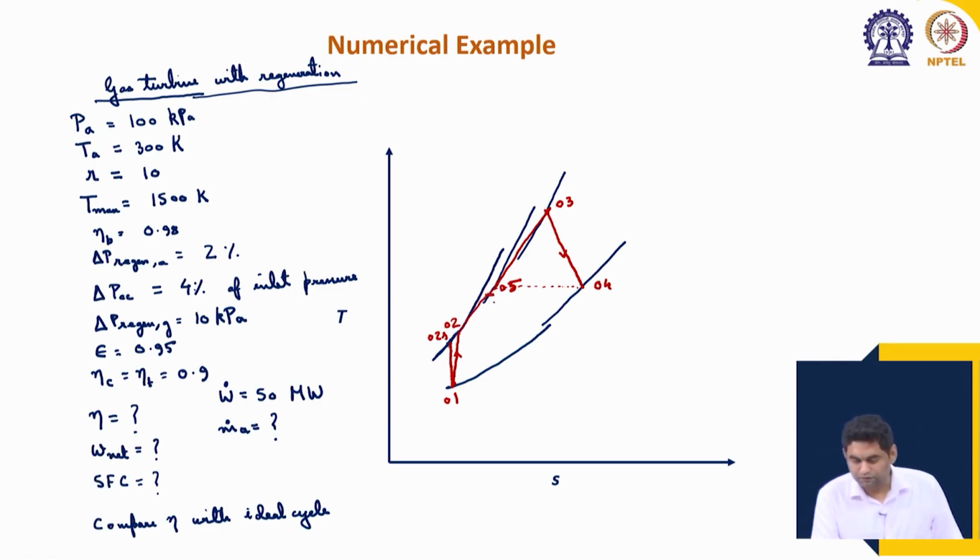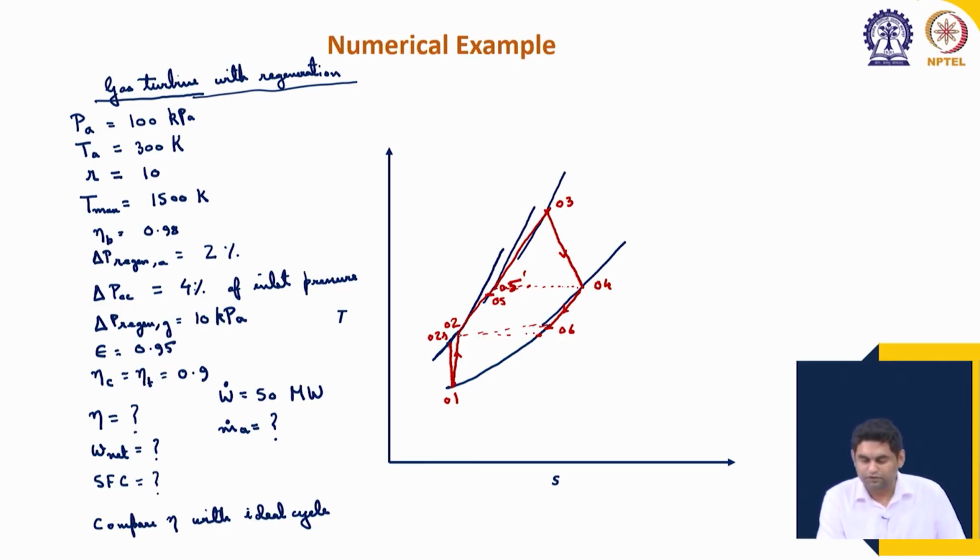This is the 05, that is 05 dash, 05 dash equal to 04, and similarly this is 06, okay, which is slightly higher than 02. Slightly complex diagram. So, while discussing it, the context will be more clear.